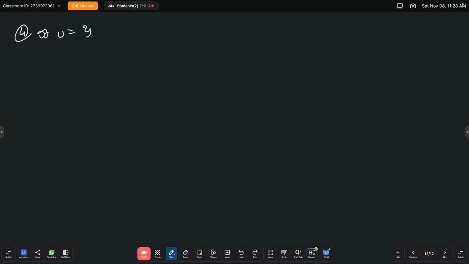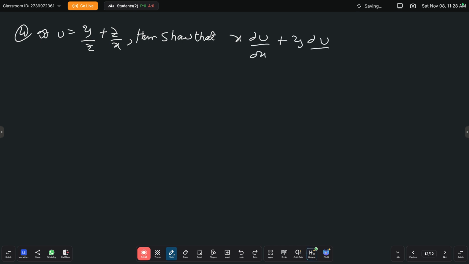If u is equal to y/z + z/x, then show that x ∂u/∂x + y ∂u/∂y + z ∂u/∂z equals 0. So, solution: given u is equal to y/z + z/x.